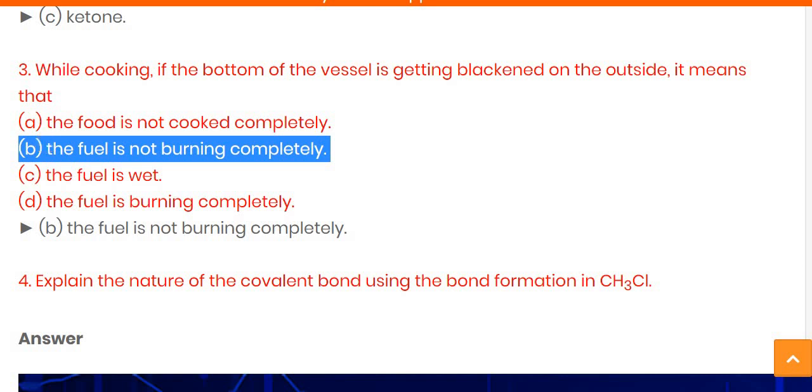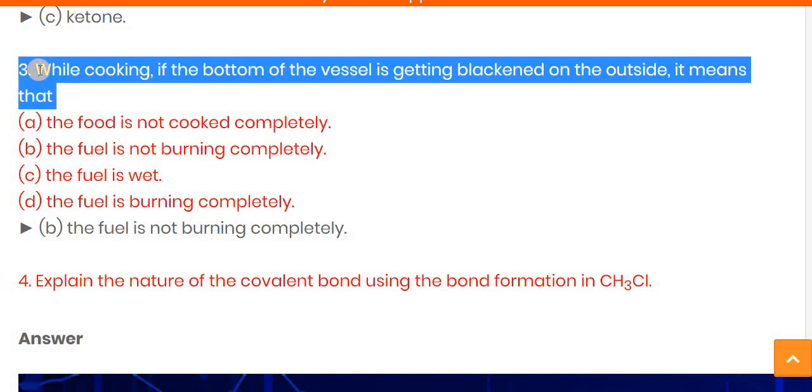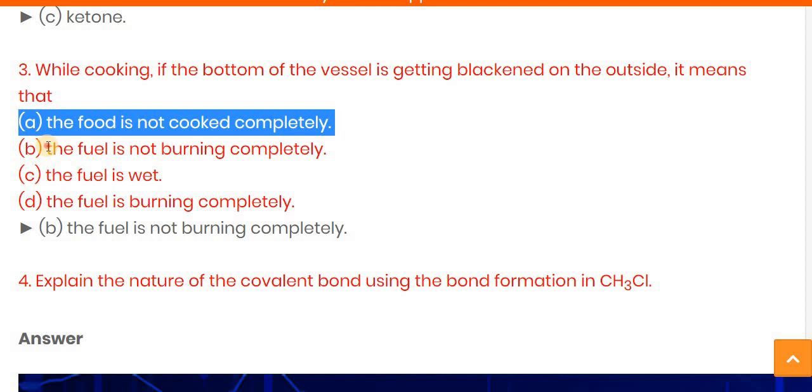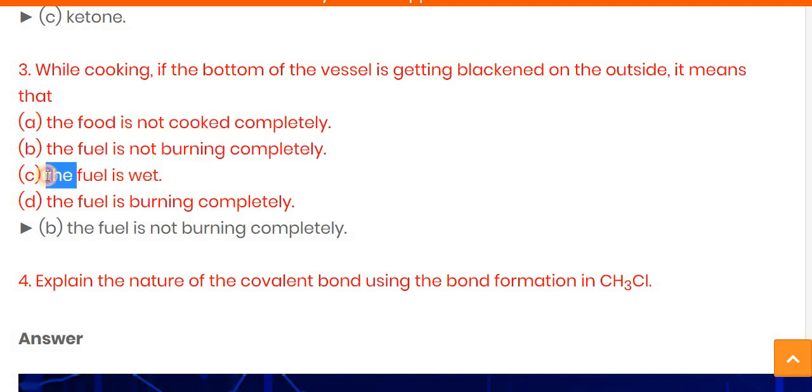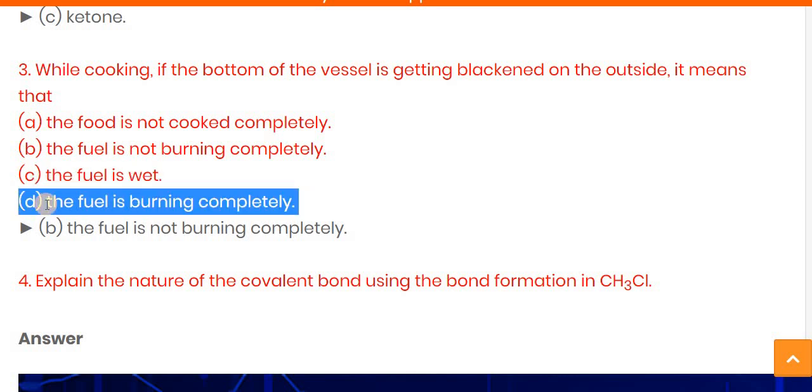Let's see the third question one more time. The question is: if you are cooking and the bottom of the vessel is getting black on the outside surface, that means A, the food is not cooked; B, the fuel is not burning completely; C, the fuel is wet; and D, the fuel is burning completely.